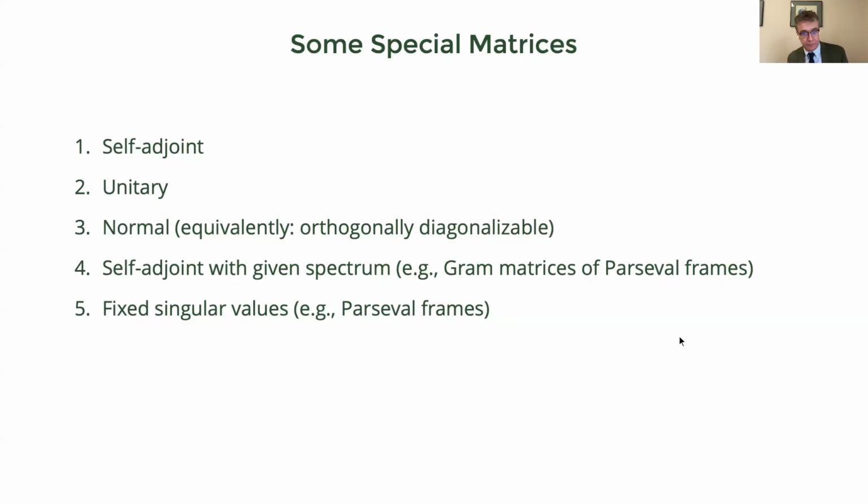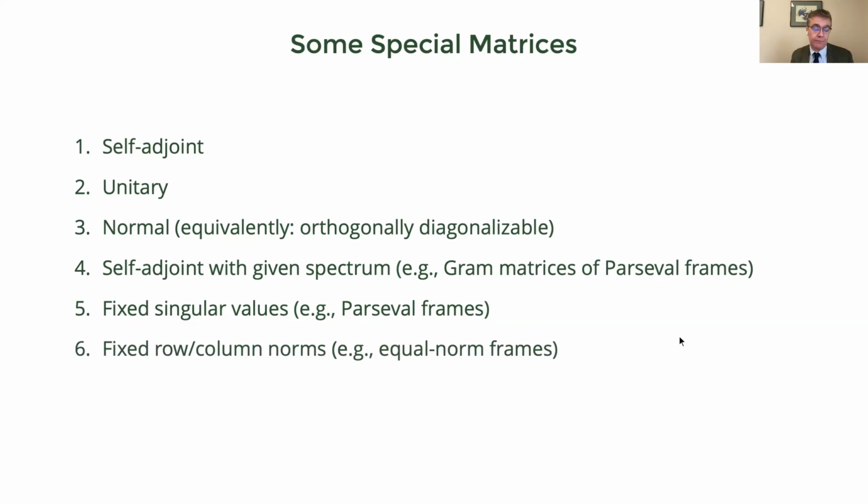Again, you can interpret Parseval frames as matrices with fixed singular values. Or, in a frame theory context, maybe you want to fix the norms of the columns or maybe the rows. And so in the frame theory context, this would give you equal norm frames.